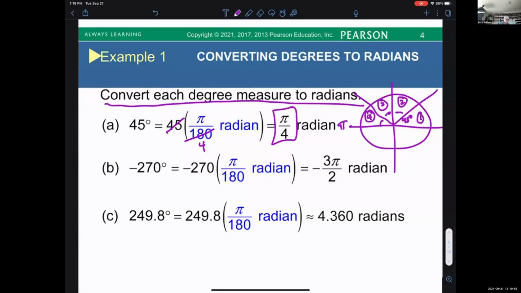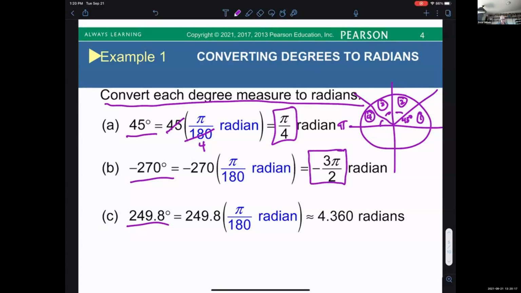And so for each of these 3 cases, they just take whatever the thing is and multiply by pi over 180, and then that gives them a value for radians. You might have some multiple of pi and leave pi in your answer, like pi over 4 or 3 pi over 2 with a negative.